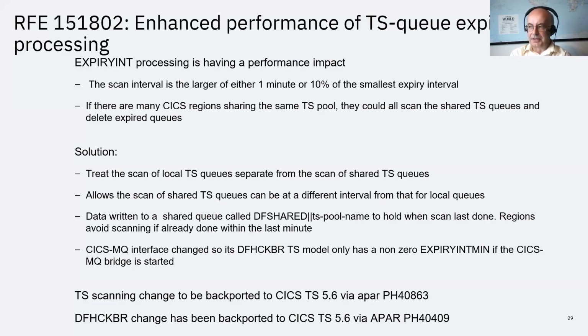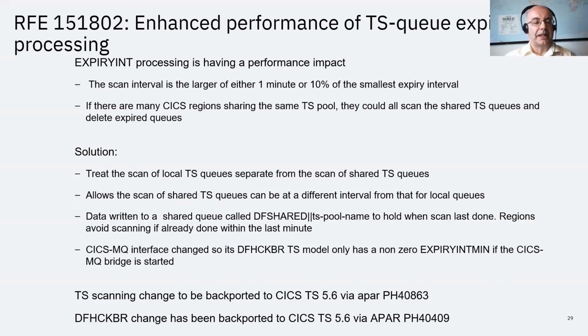Now, with the benefit of hindsight, that MQ change, we should have done slightly differently. Instead of having a definition in the standard DFH MQ group, we should probably have auto-installed it and only done it when you started the MQ bridge. But that's water under the bridge, so we have to solve it. So the way we've done it is we've changed CICS so that when CICS comes up, it will dynamically change that CKBR TS model to have an expiry interval of 0.